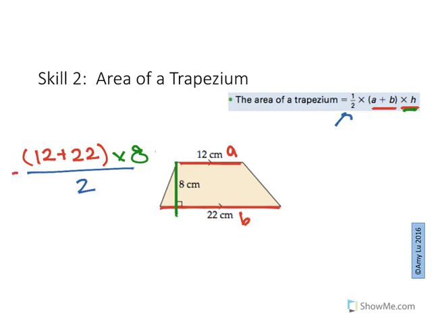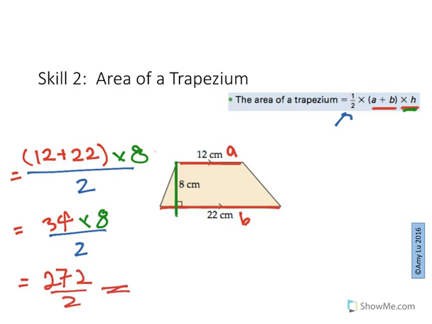So if we break this down, the area is equal to 34 times 8 divided by 2, which comes down to 272 divided by 2. And if we simplify this fraction, this basically makes 136 centimeters squared.